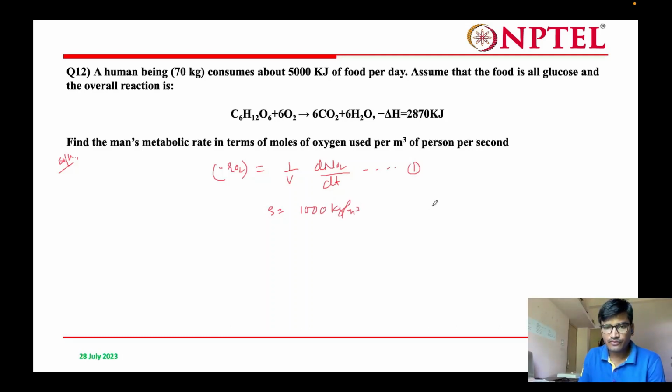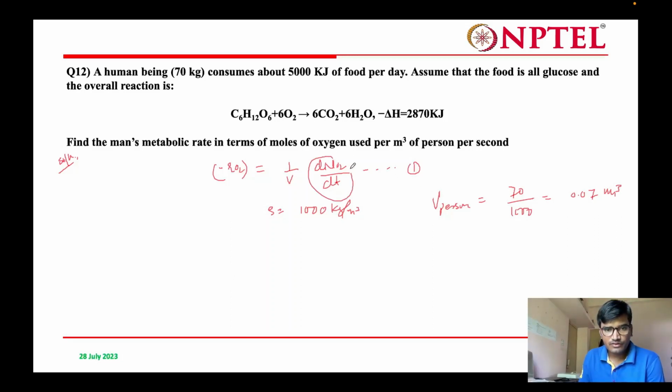So the volume of person is equal to 70 divided by density, which equals 0.07 meter cube.